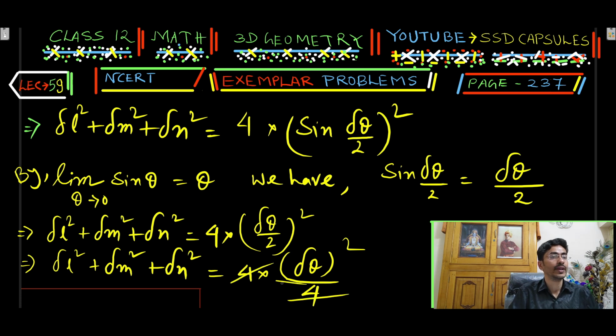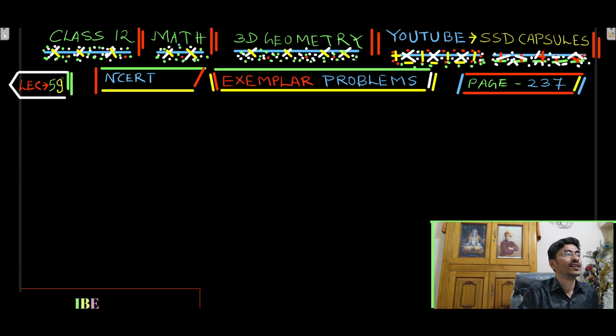So 4 will be cancelled out. So we have reached the end of today's video, that is Δθ² = ΔL² + ΔM² + ΔN². We have proved that relation.